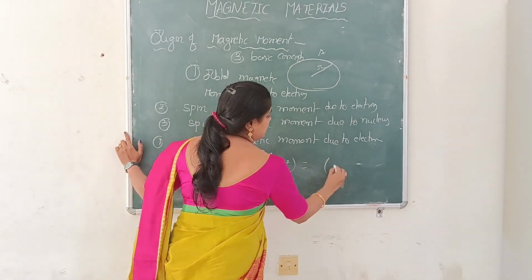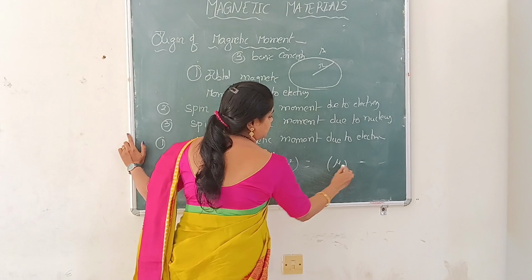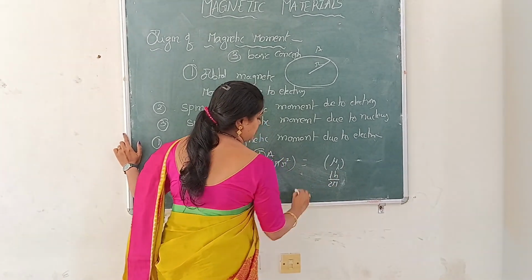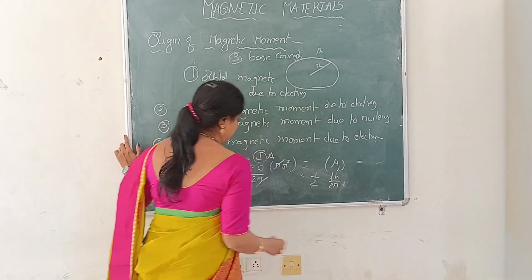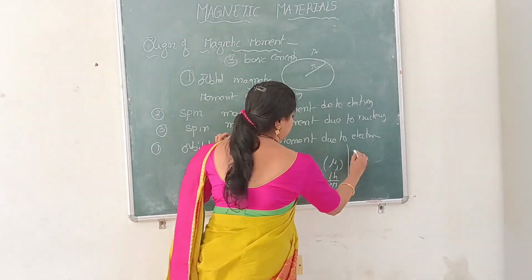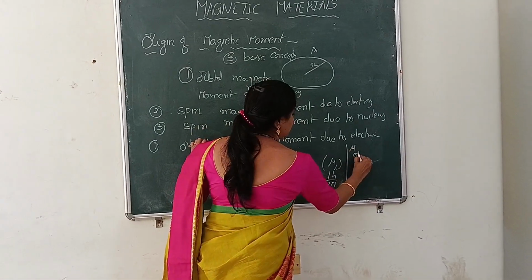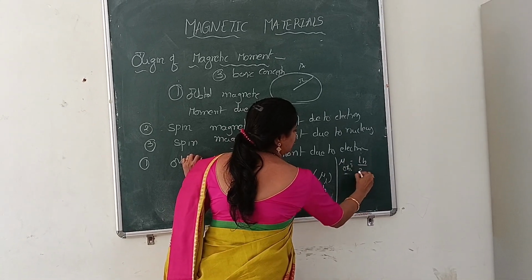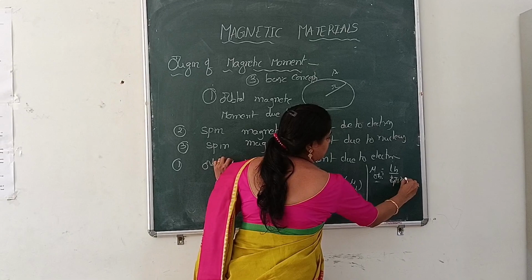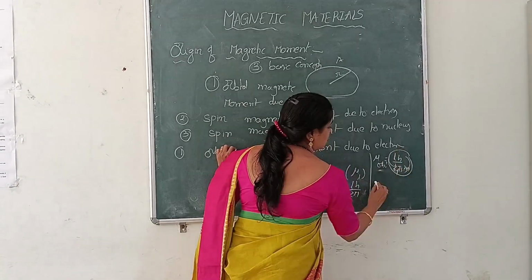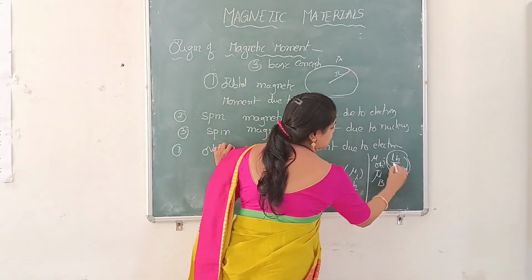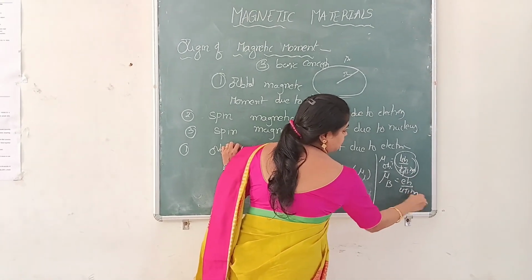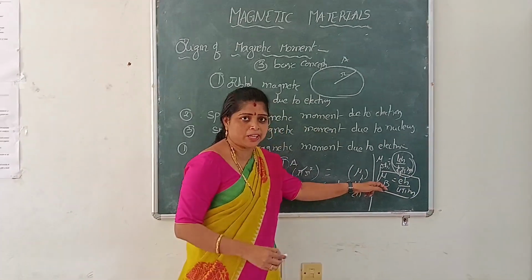Here L means mu equals L e by 2 m, and with L equals h by 2 pi, we get 1 by 2. Therefore mu orbital equals e h by 4 pi m. This is called the Bohr magneton. Mu B equals e h by 4 pi m.